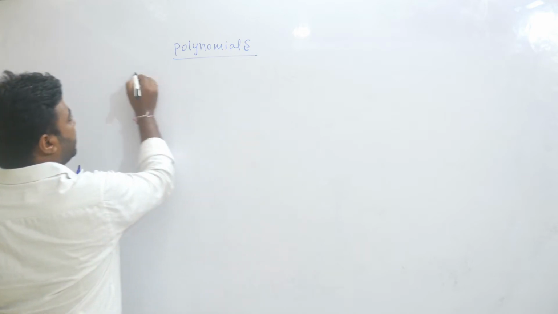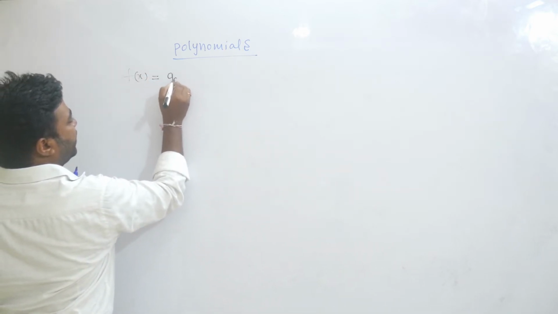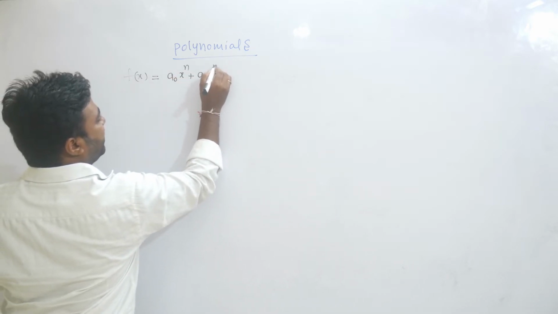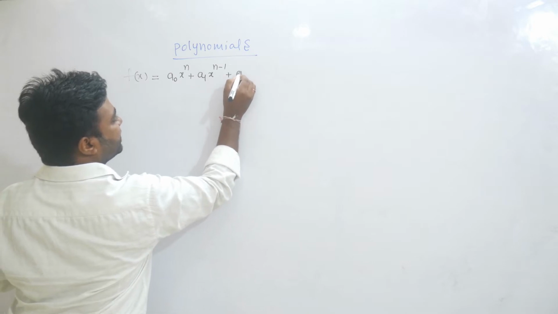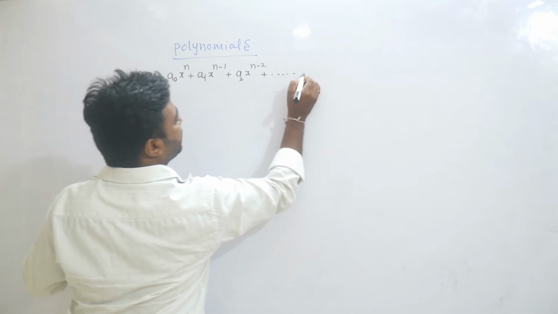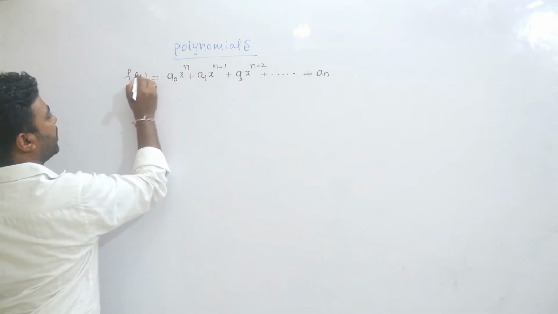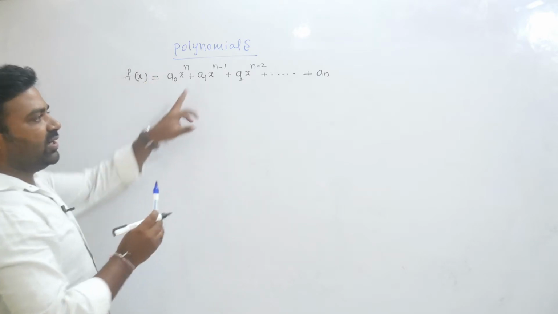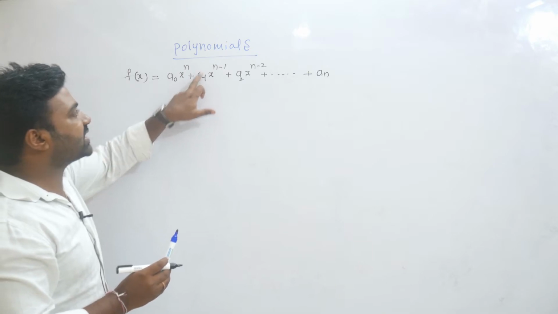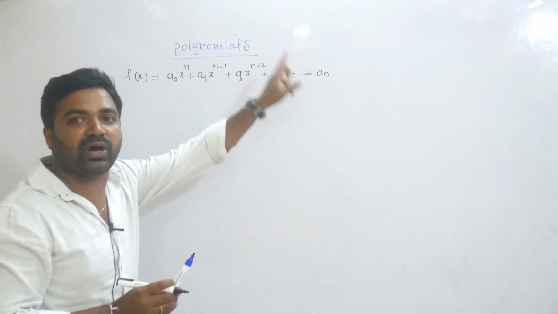Like this, the polynomial expression f of x is equal to a0 x power n plus a1 x power n minus 1 plus a2 x power n minus 2 plus up to so on an. So it is an algebraic expression.